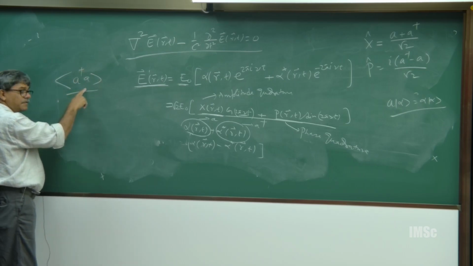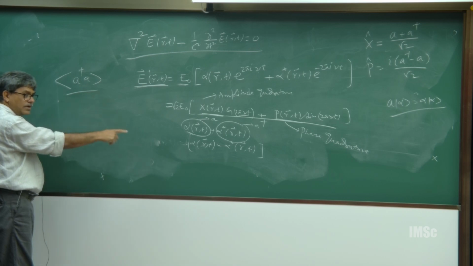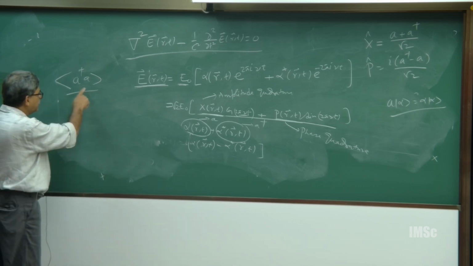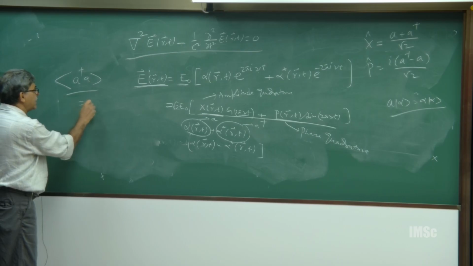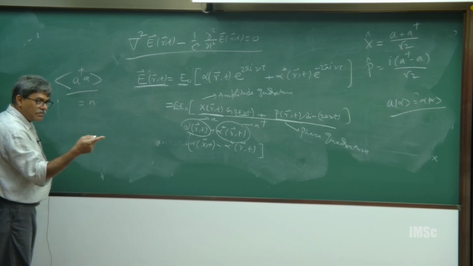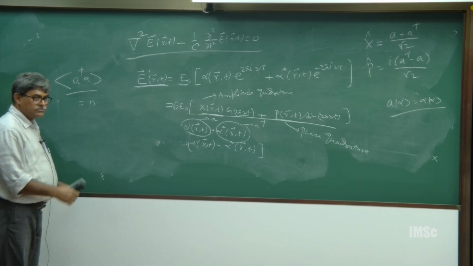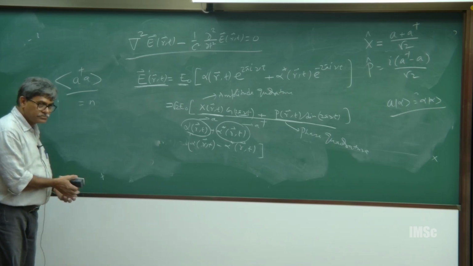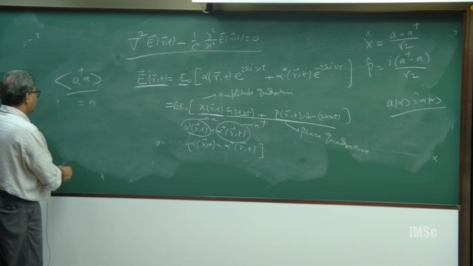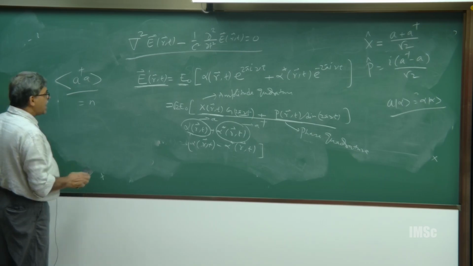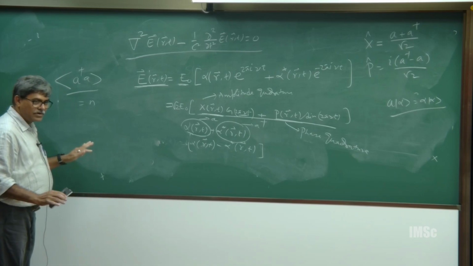This is either with respect to the number operator or with respect to the coherent state. If you take it with respect to the number operator, this is n, independent of theta, but if you take coherent states it will be theta dependent. Theta dependent means it will have information about the quadrature.